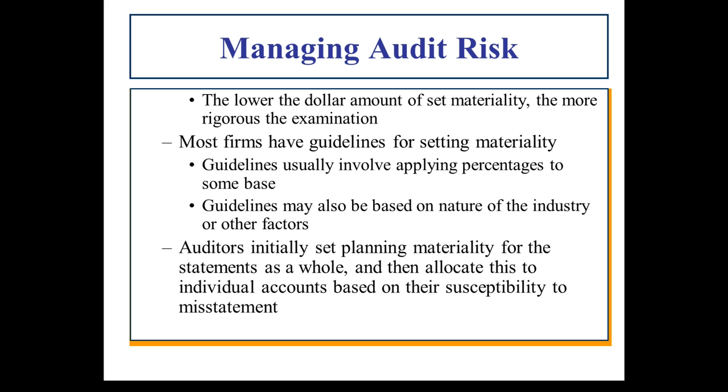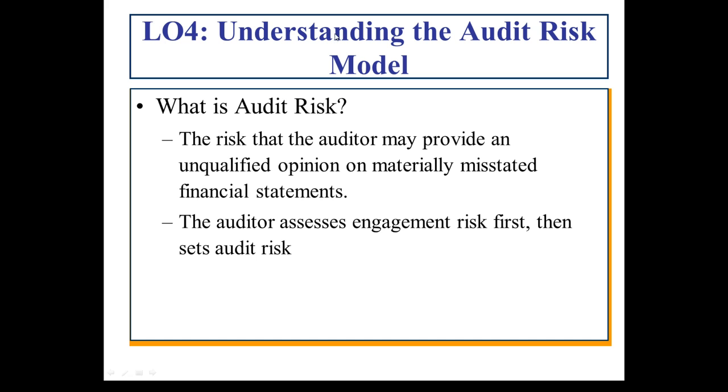Planning materiality for the statements as a whole is ultimately how the auditor initially goes in and looks at the financial statements. But then they take that risk of materiality as a whole, and they'll link it and separate it into specific types of accounts and focus on those more risky accounts.